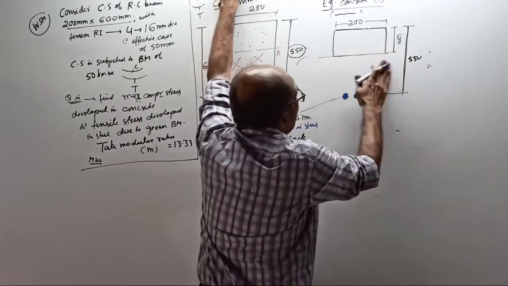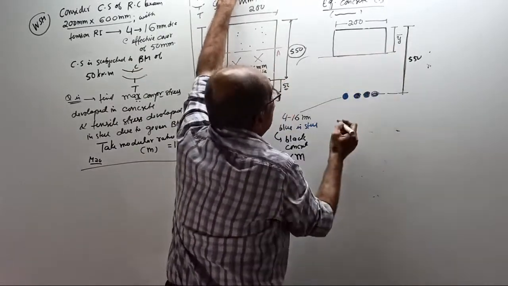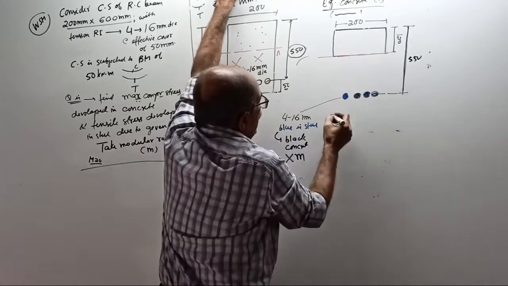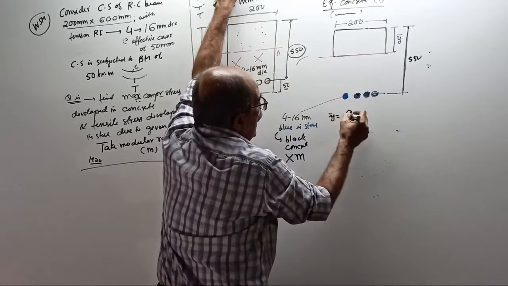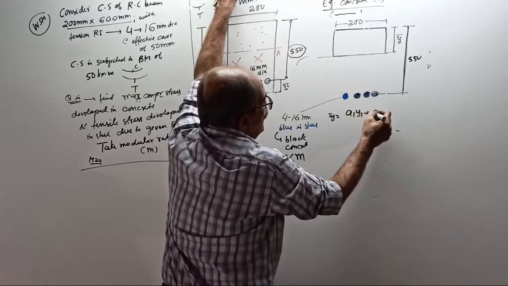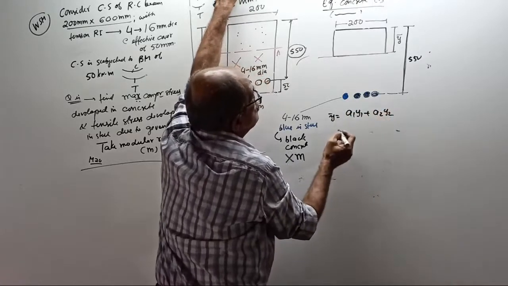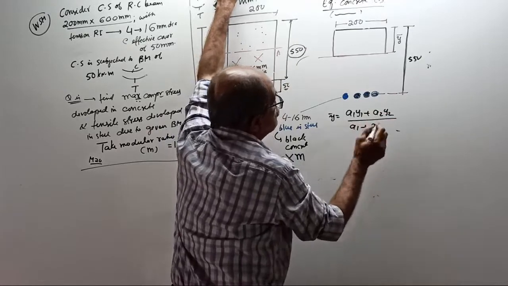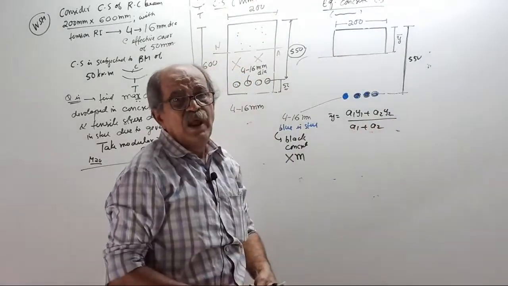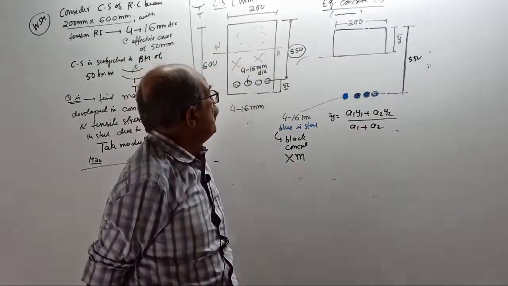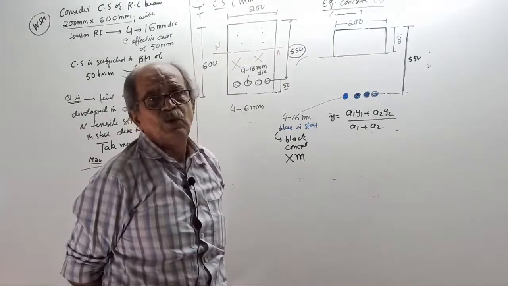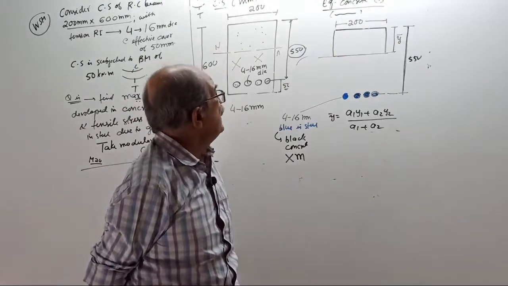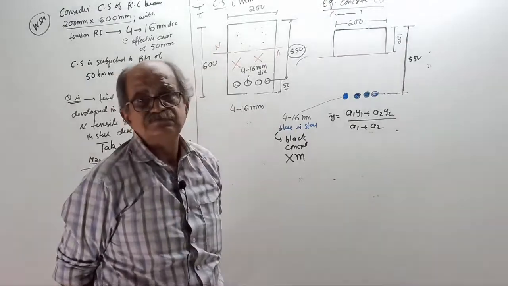See, this is nothing, an empty portion. Now, y bar equals A1 y1 plus A2 y2 divided by A1 plus A2. Yes or no? Y bar equals A1 y1 plus A2 y2 divided by A1 plus A2. Heard of it or not?